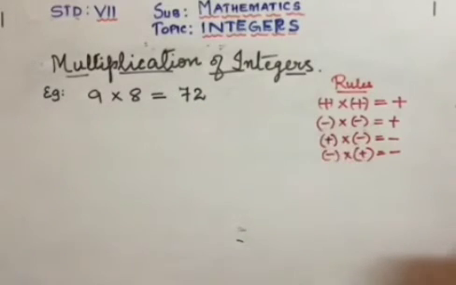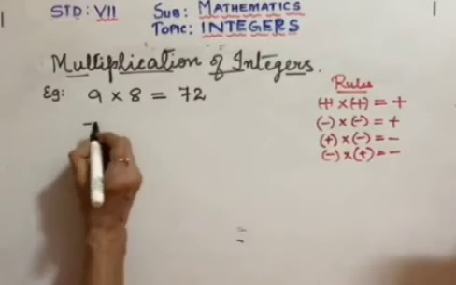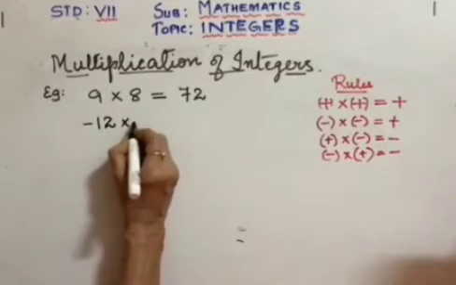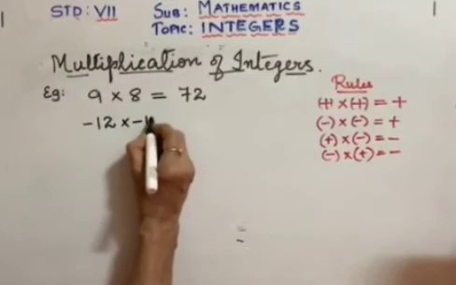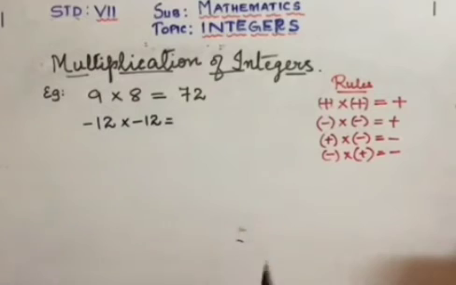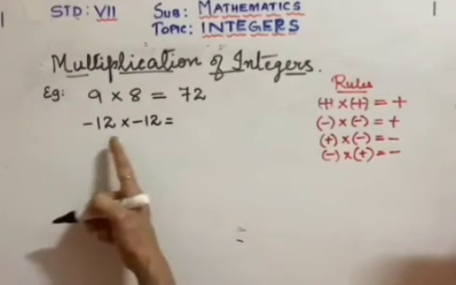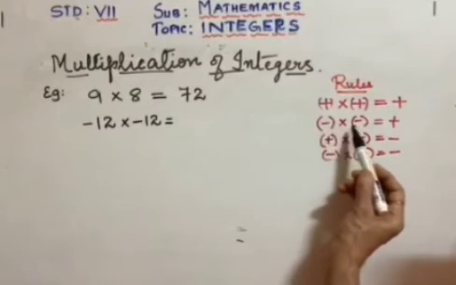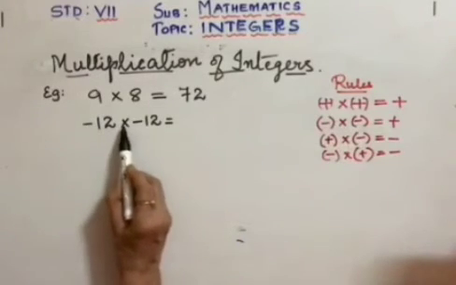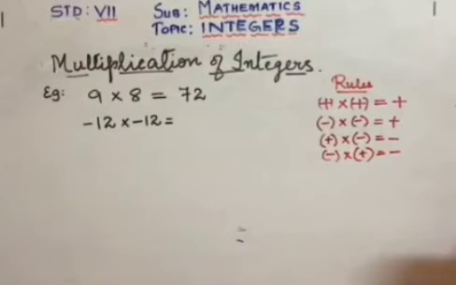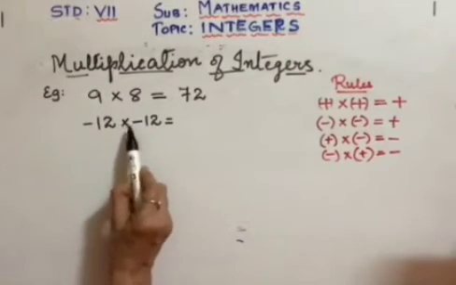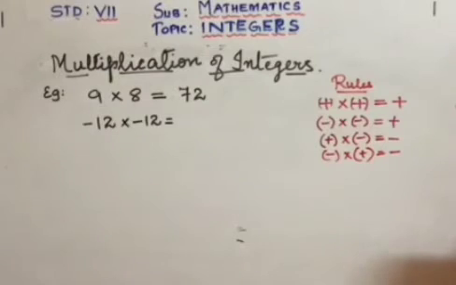Next, let's take negative integers. Okay, minus 12 into minus 12. Both the integers are now negative. The second rule, minus into minus. Here you can multiply these signs because the sign in between is multiplication.